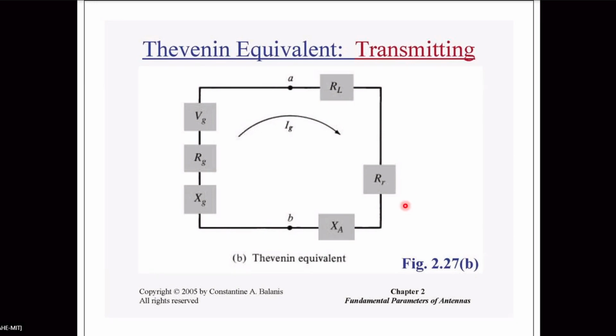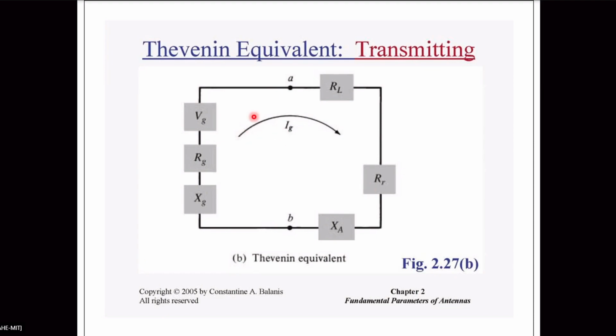It represents the outward power flow from the antenna. Radiation resistance is used to account for the outward power flow from the antenna. As far as this circuit is concerned, it is a loss of power flow. So to account for that power flow, we have RR.